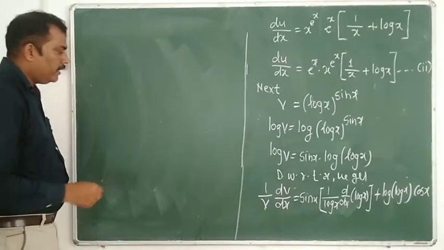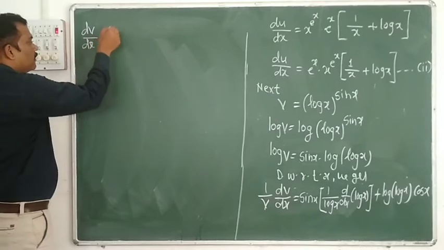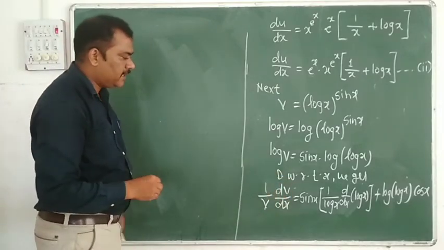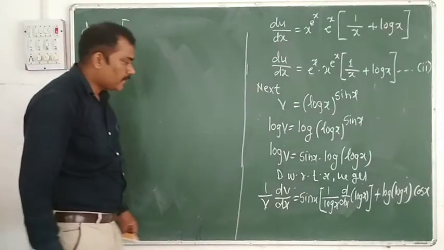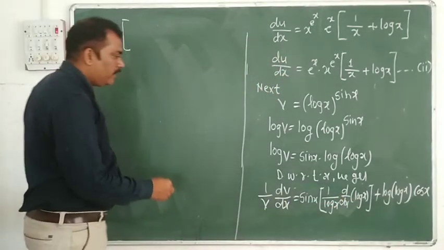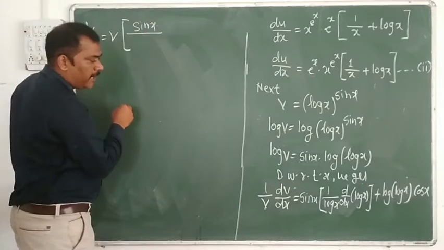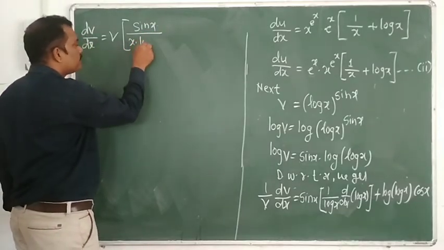Now we get dv by dx is equal to, this v is divided on this side, on that RHS it must be multiplied, so v into bracket. What is the derivative of log x? It is nothing but 1 upon x, so we get sin x divided by x log x.